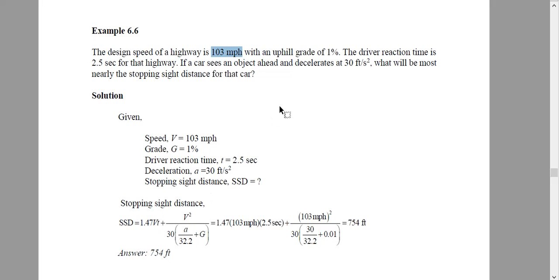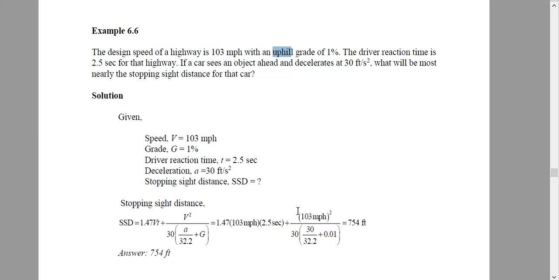What is our A? A is our deceleration, 30 feet per second squared. So A is given 30. Typically this value is 11.2. Then G: why 0.01? Because it is 1%, so 1 divided by 100, and it is uphill. Uphill means positive. After calculation we got 754 feet.